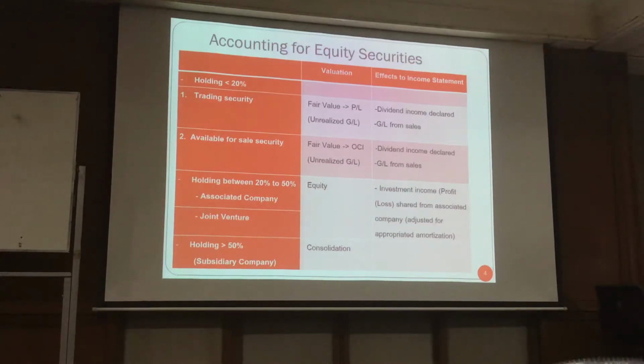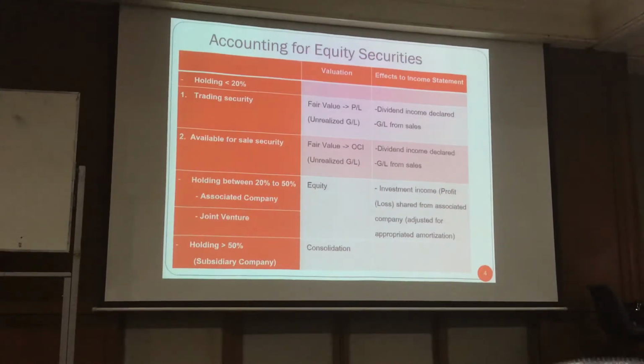Again, when we break it down, just like some people asked me from last class, how do we classify which one should be associate, which one should be subsidiary, which one should be trading or available for sale? The first rule is by percentage of ownership. But it's not always the case, because sometimes you hold less than 50%, but you can prove you can control them.